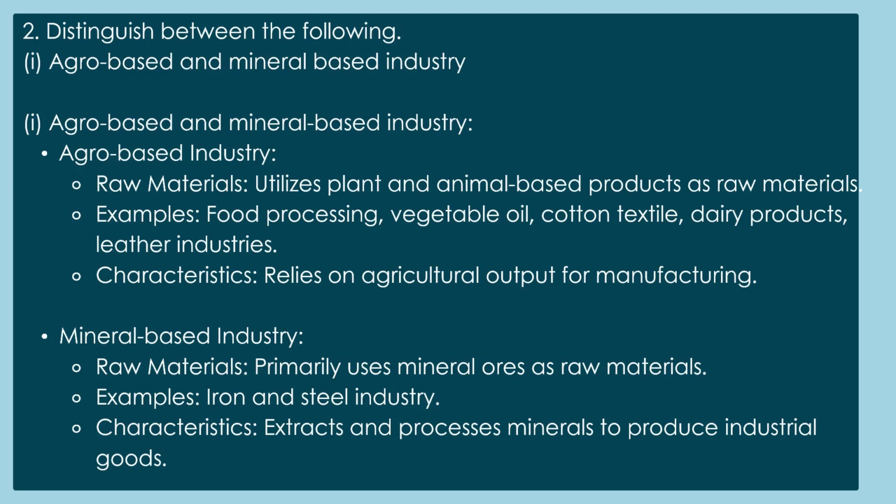The characteristic is it relies on agricultural output for manufacturing. Then, mineral-based industry primarily uses mineral ores as raw materials. The example is iron and steel industry. The characteristic is it extracts and processes minerals to produce industrial goods.